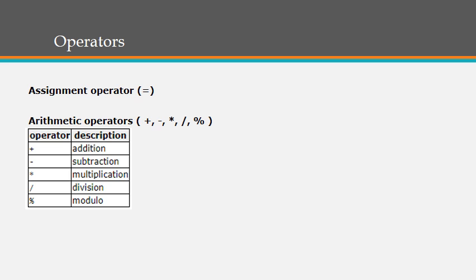The assignment operator is what assigns a value to a variable. So it's the equal sign, as you see on the slide there. For example, we could have x equal 5. The variable x is being assigned the value of this literal 5.